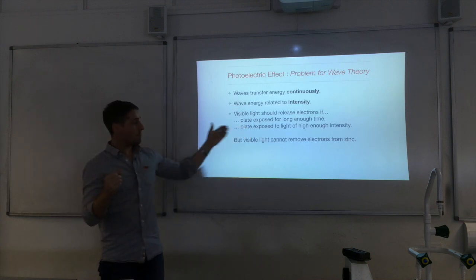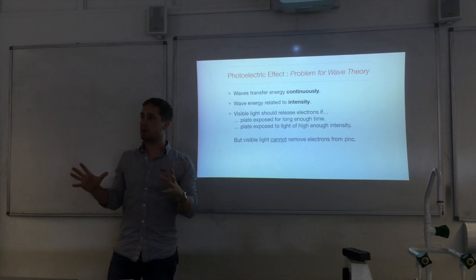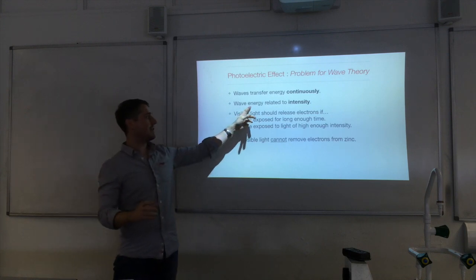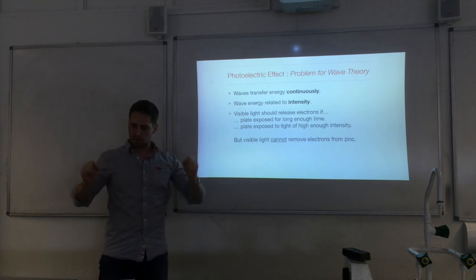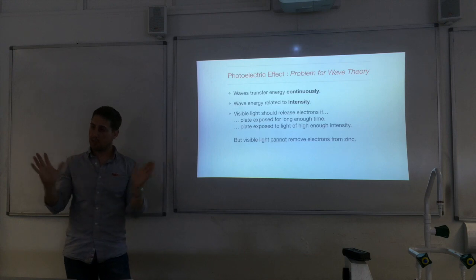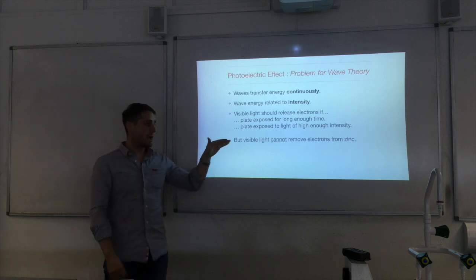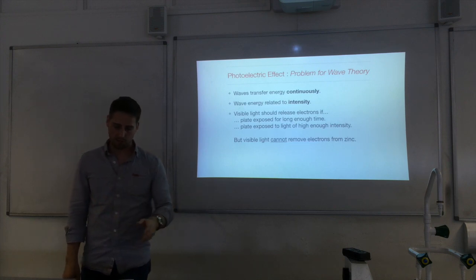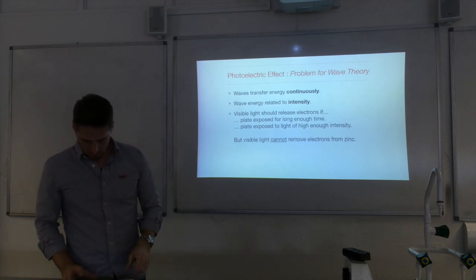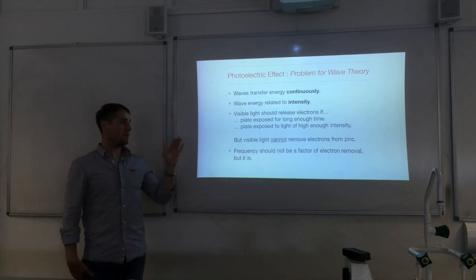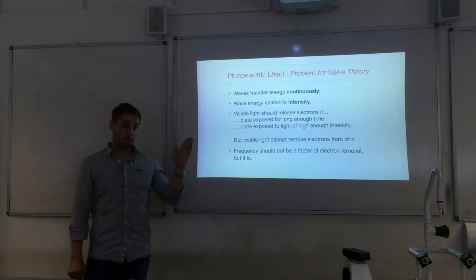And if you had a high enough intensity, nice bright visible light, high intensity means lots of energy being transferred, so those electrons should gain energy to escape from the metal plate, but they don't. Visible light cannot remove electrons from a zinc plate at all.